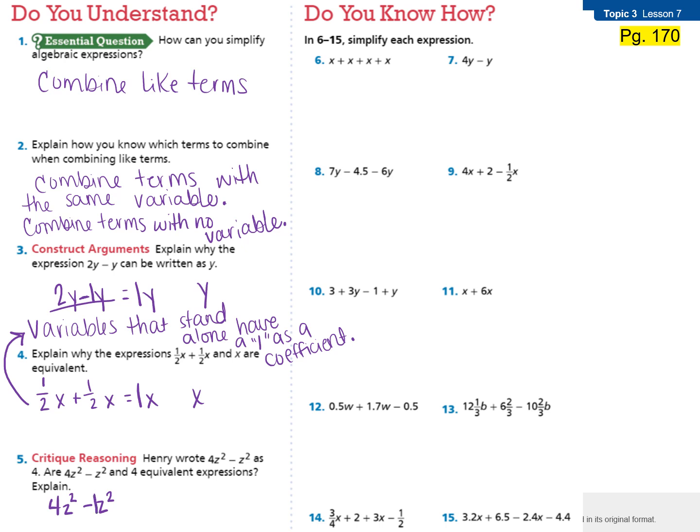I need to put a 1 in front of that z because I don't see a coefficient. 4 minus 1 will give me a 3z squared. Therefore, these are not equivalent. Not equivalent as in Henry thought that 4 was the answer for 4z squared minus 1z squared. But the correct answer is just 3z squared.